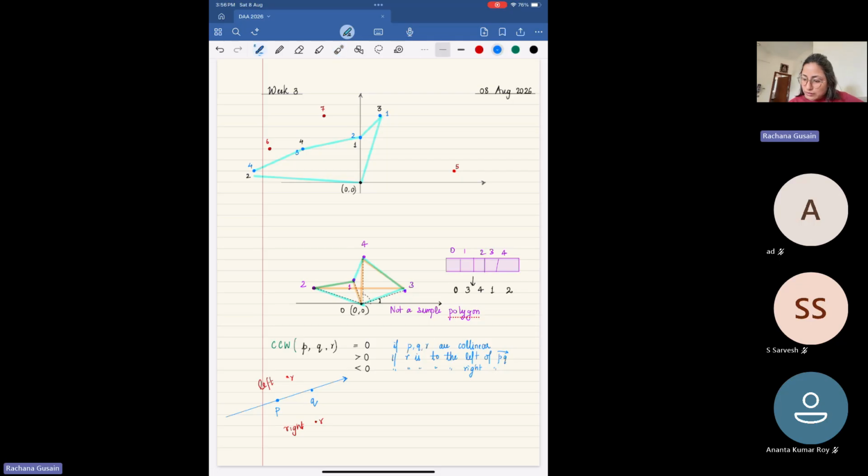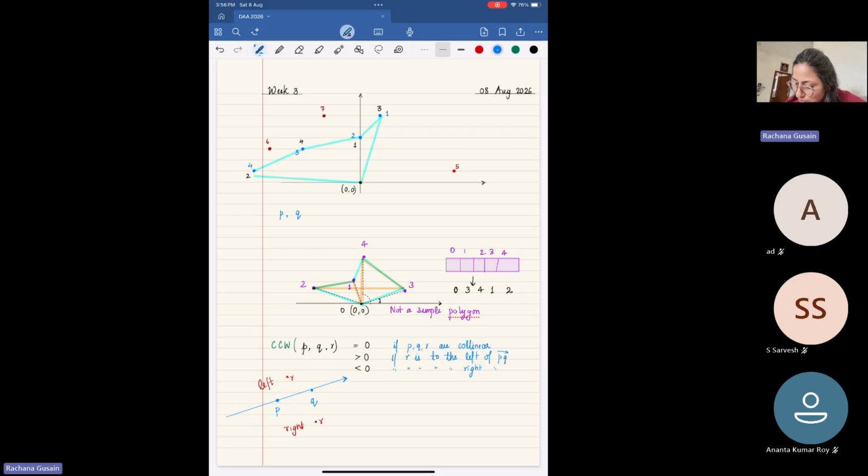So let's say I had 2 blue points, P and Q, and I want to know whether P should come first or Q should come first. What am I going to do? Apply the CCW test.